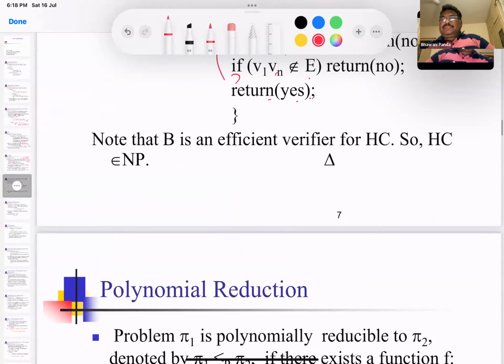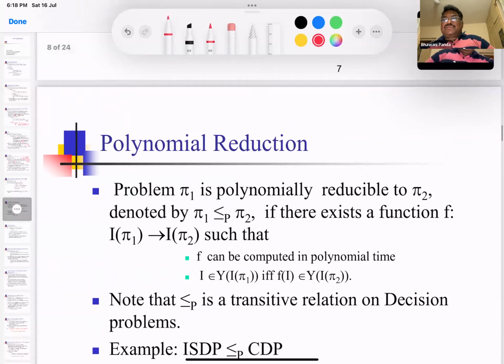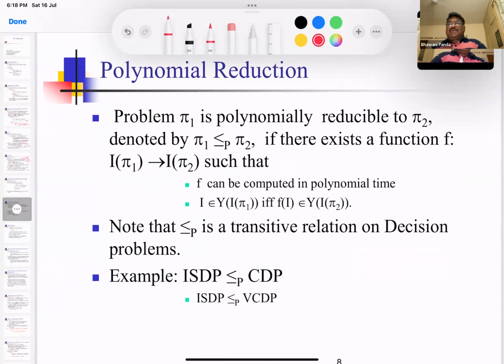But okay, so this is what we saw in the last class, polynomial time reduction. A polynomial time reduction is a function f from instances of the first problem to instances of the second problem, satisfying two properties. f can be computed in polynomial time, and it preserves yes instances.